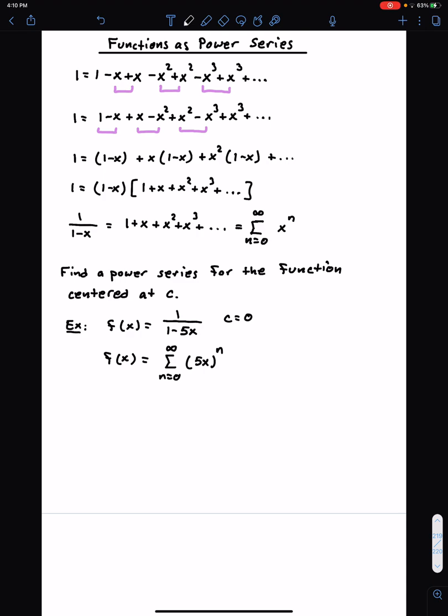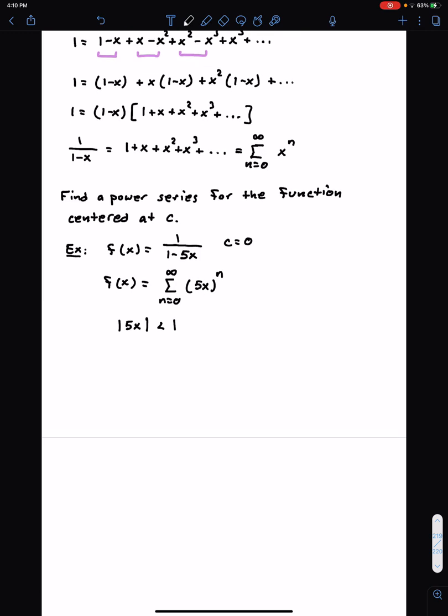This is a geometric series with r equal 5x, and it converges when the absolute value of r is strictly less than 1. So absolute value of 5x is less than 1. I can factor out a 5 and divide both sides by 5. So absolute value of x is less than 1/5.